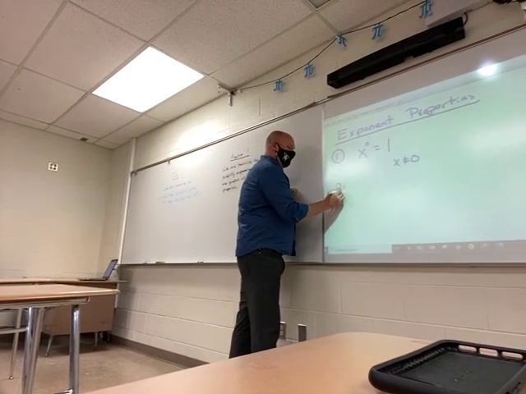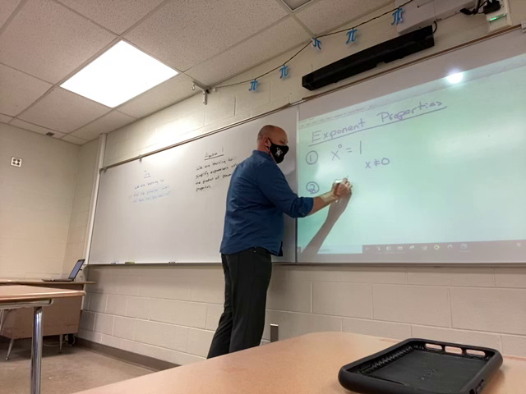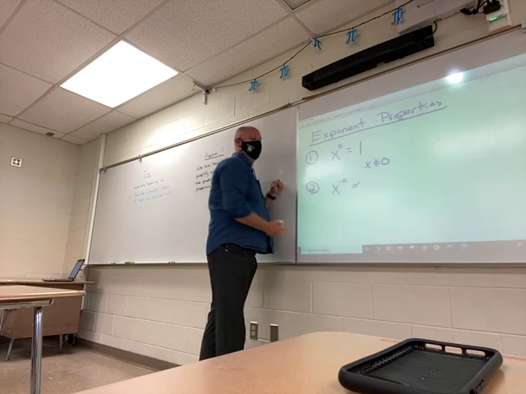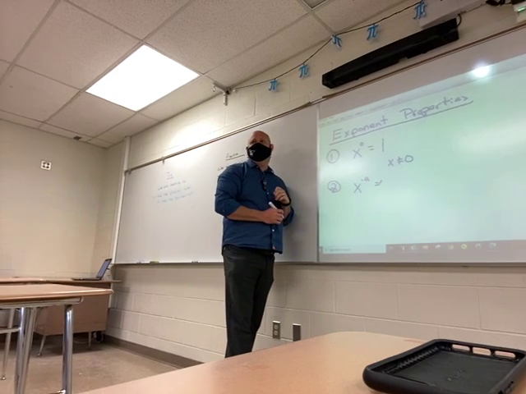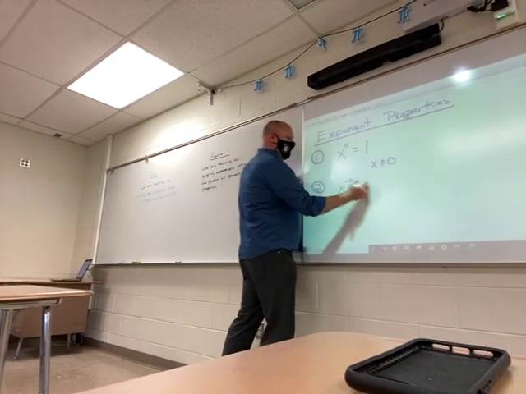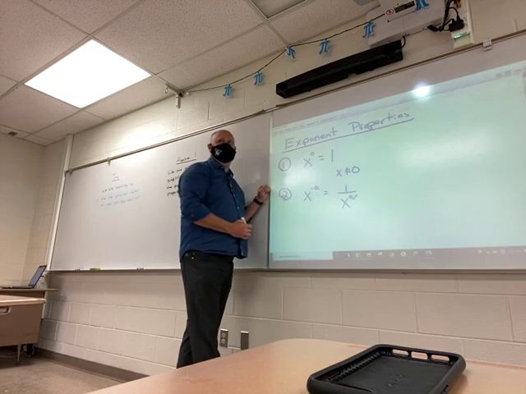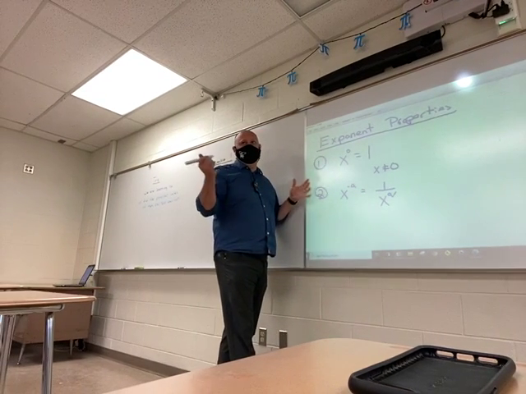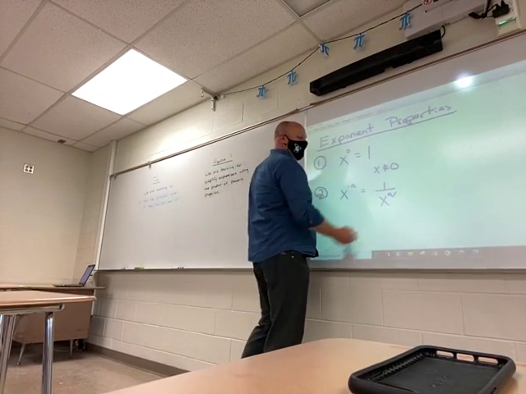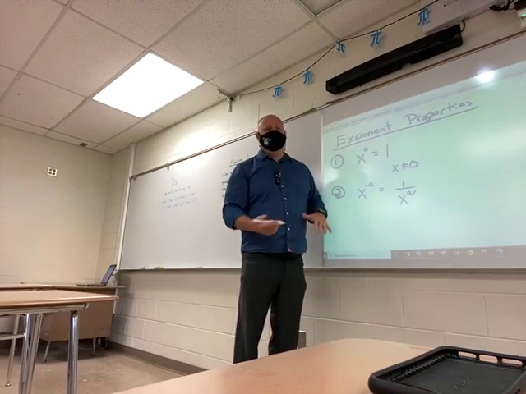We also said, what do we do with negative exponents? We flip them. So that's the same thing as 1 over x to the a, and we make it positive a. Again, we eliminate x is 0 from that as well, because if you had 0 in the denominator, you'd end up dividing by 0.